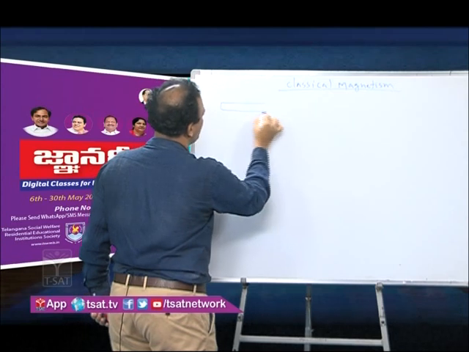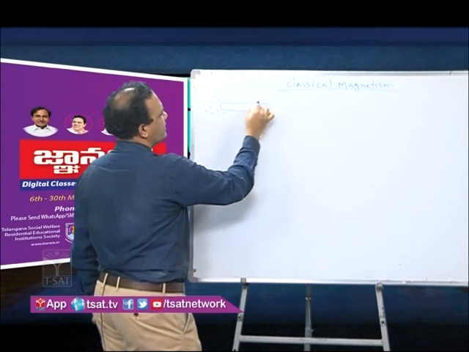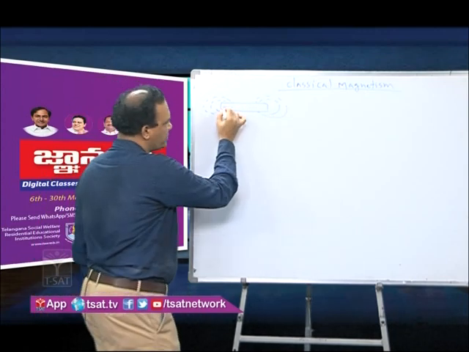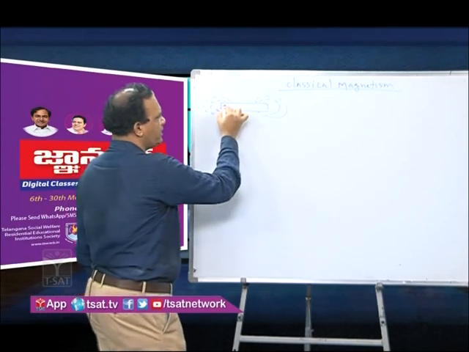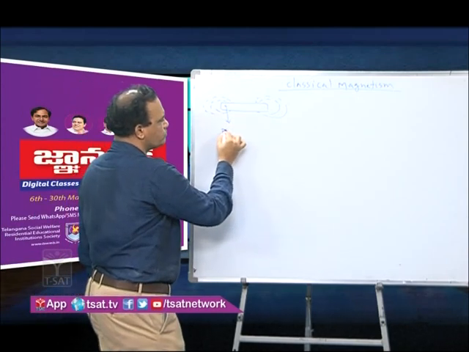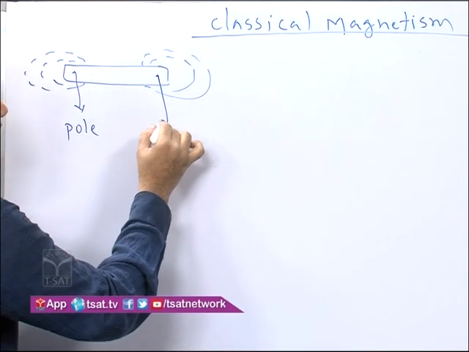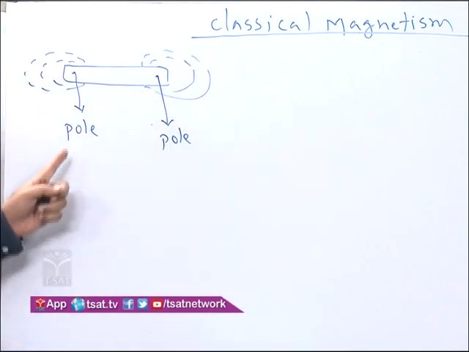In a bar magnet, the maximum attractive power is at the end of the bar magnet. At one particular point there is maximum attractive power. This point is called a pole. The other pole is here also. So a bar magnet has two poles.